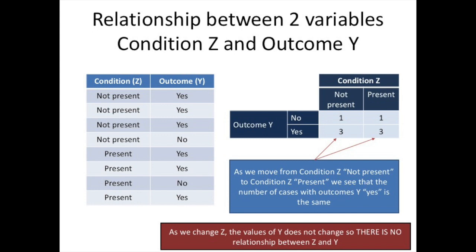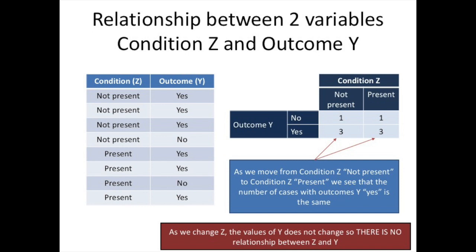Now, if we were looking at some other type of data where we have a condition Z and an outcome Y, look at that tabulation on the right. We see that when the condition is not present, we observe 1 no and 3 yes for outcome Y. And when we switch it to the condition being present, we also have 1 no and 3 yes in terms of outcome Y. So as we change from not present to present, outcome Y does not change.